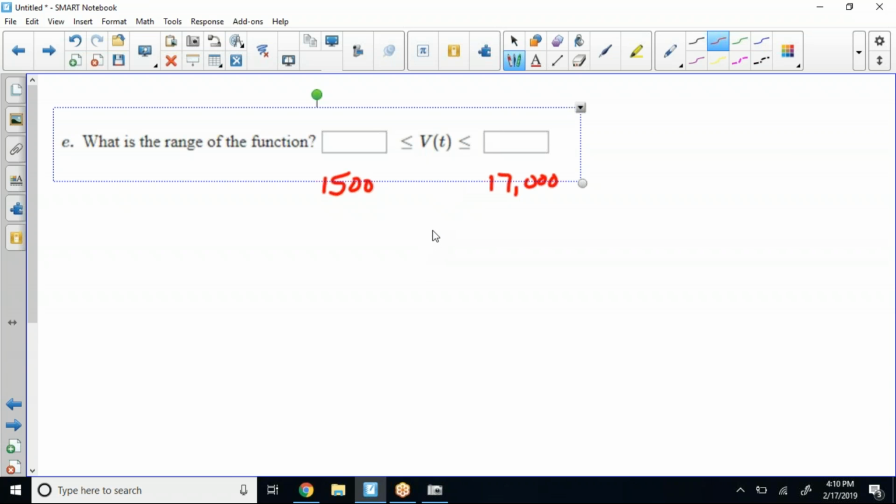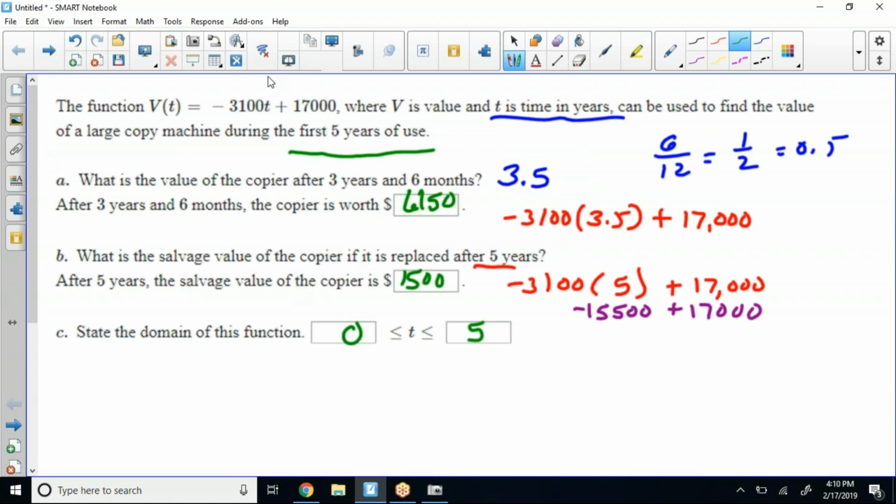Now, does that make sense? Why is it to 17,000? How much did it cost when they purchased it? See, if you plug in 0 for t, then because it's a linear equation, the y-intercept is 17,000.